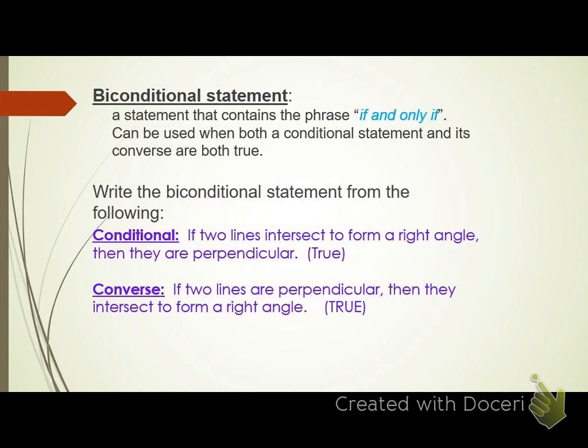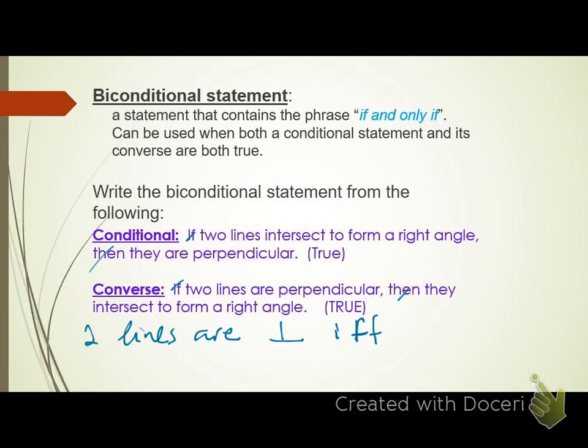That would lead us to say, since both of these are true, it doesn't matter which one comes first, then we can write the biconditional statement, take the if and the then out of here, and join those two parts with if and only if. So two lines perpendicular, and that's the symbol for perpendicular. Two lines are perpendicular if and only if, and that's the abbreviation for if and only if.